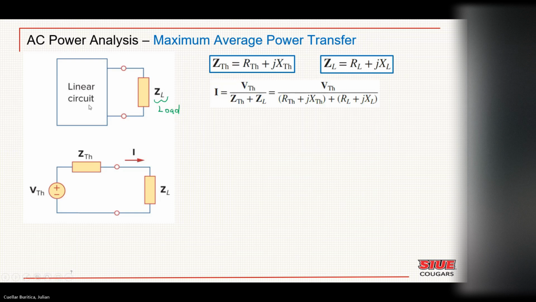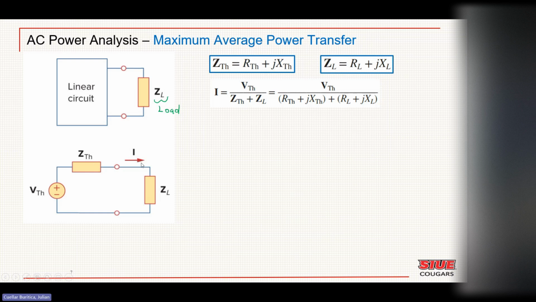Then we know that any linear circuit could be transformed into an equivalent circuit that is going to contain a voltage and an impedance in series. And that equivalent circuit is the Thevenin equivalent circuit with a Thevenin voltage and a Thevenin impedance.